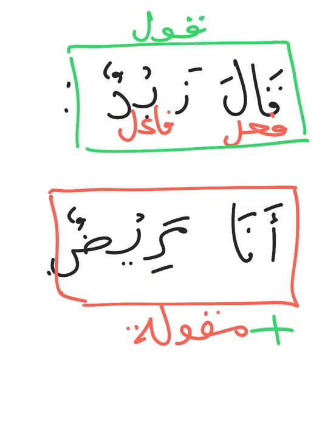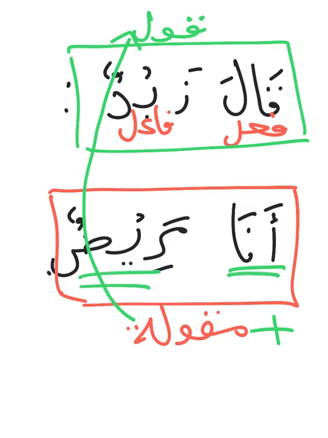So basically the maqula is absorbed within the qawl. What you're not going to say is qala zaydun, it's fi'l fa'il jumla fi'liya, ana maridun, this is mubtada, this is khabar jumla ismiya, and you leave them as two separate sentences. No, qawl and maqula are put together to form one final sentence. So whatever is said is the maqula. Always remember.